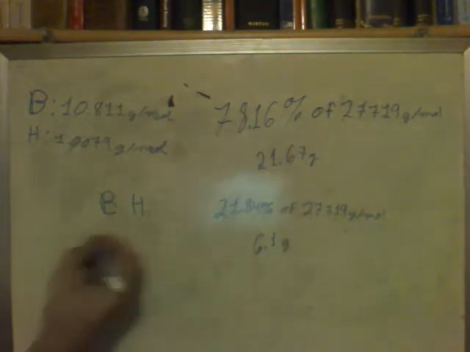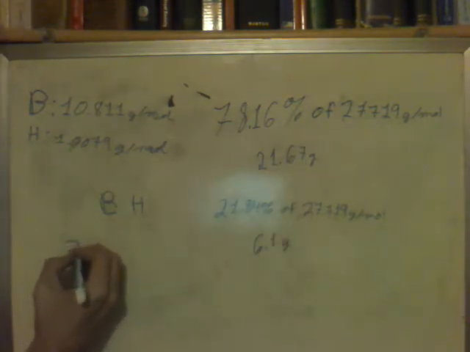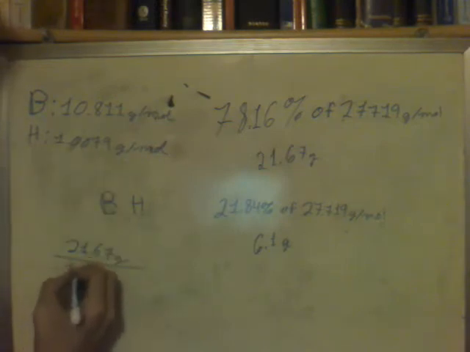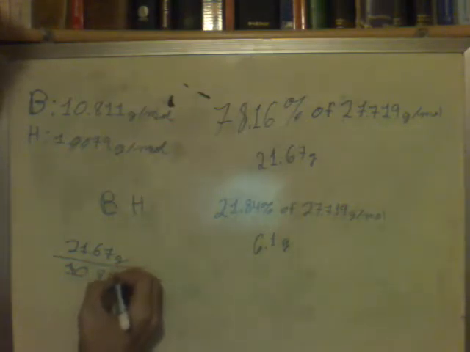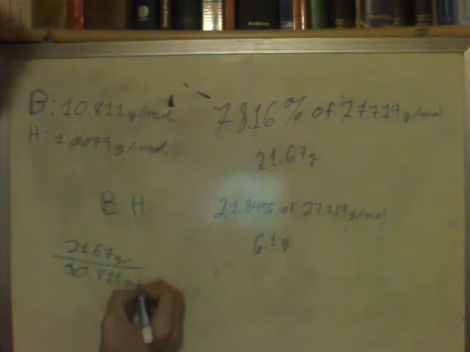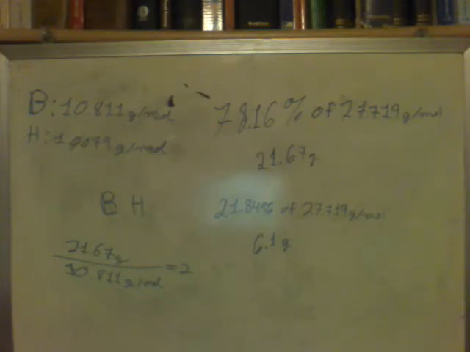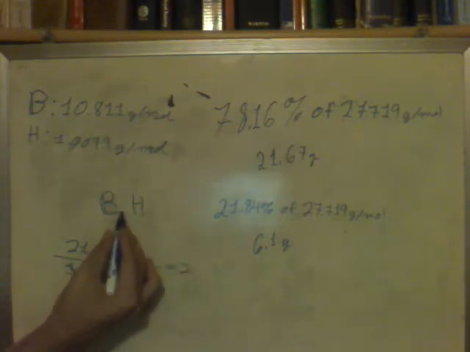Take this here, 21.67 grams over 10.811 grams per mole, and we get 2. So we have 2 boron atoms in this molecule. So we plug that in, we get B2.